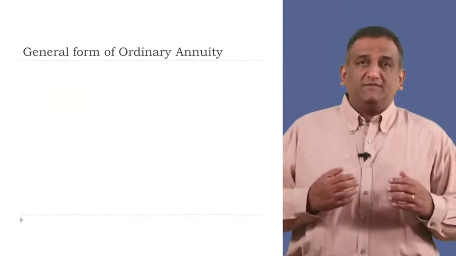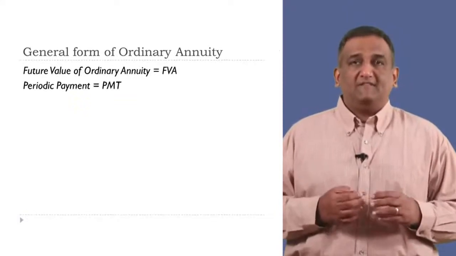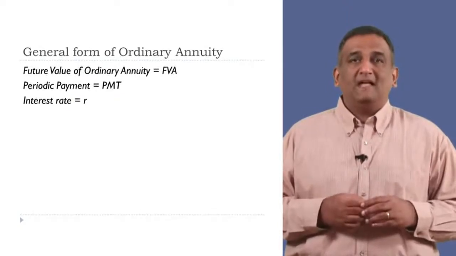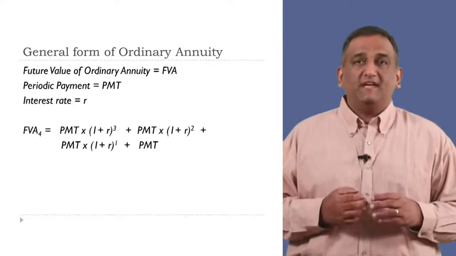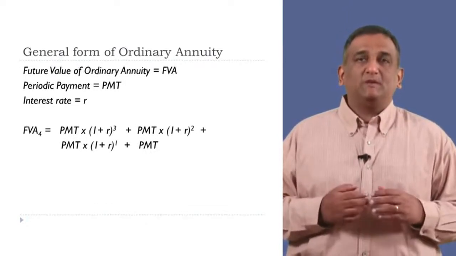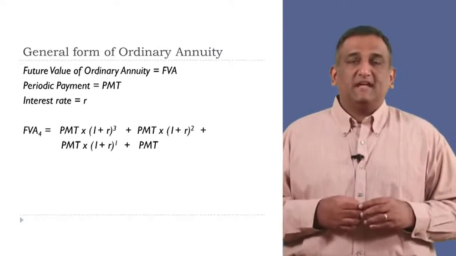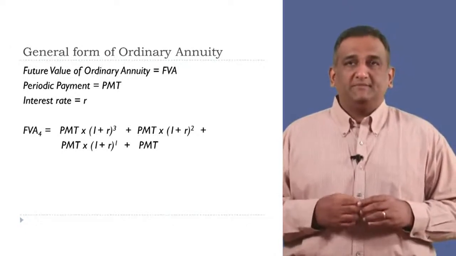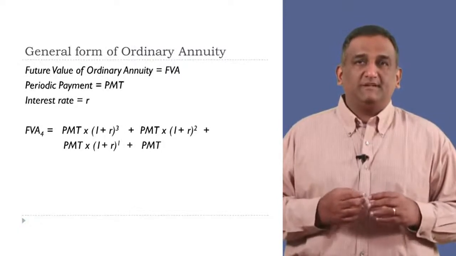To get a more general form, let us denote the future value of an ordinary annuity as FVA, the periodic payment by PMT, and the interest rate as R. Then we have FVA sub 4 equals PMT times (1 plus R) raised to the power of 3 plus PMT times (1 plus R) raised to the power of 2 plus PMT times (1 plus R) raised to the power of 1 plus PMT.